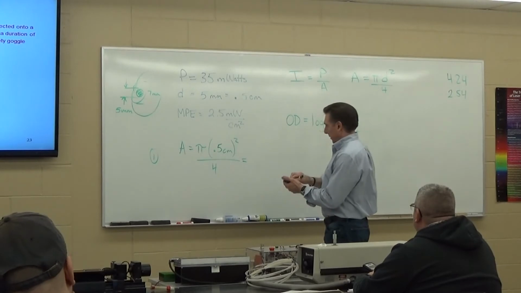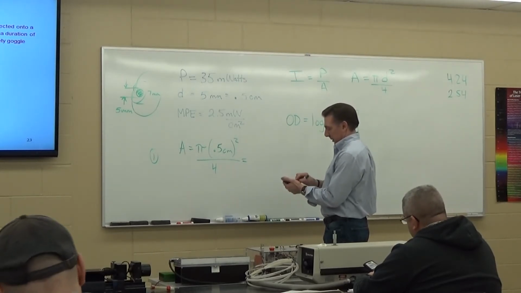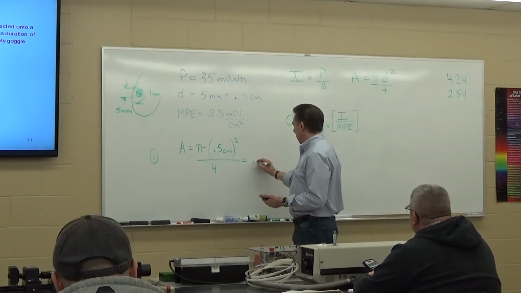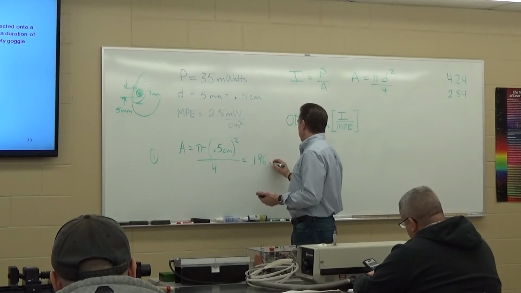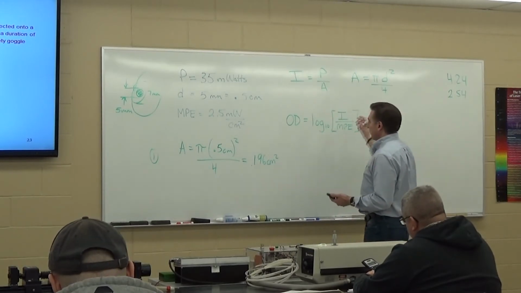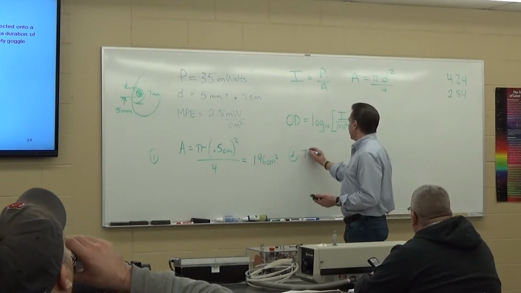All right, let's do this again. 0.5 squared comes out to 0.196 centimeters squared. If we do step 2, we just calculate the irradiance.